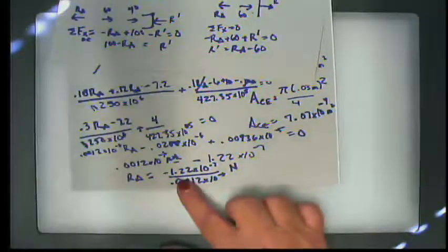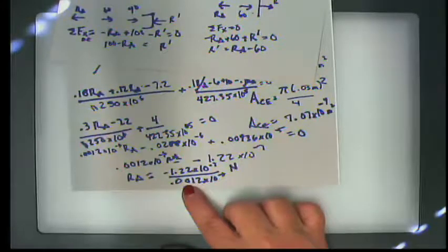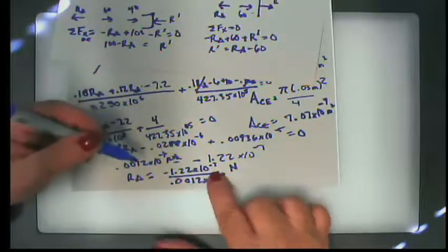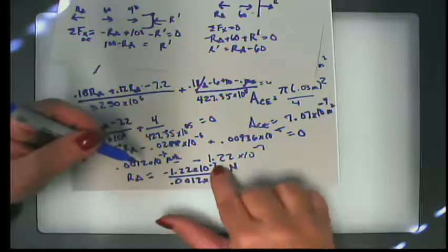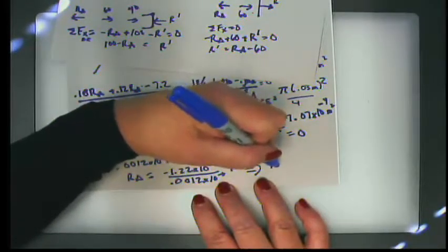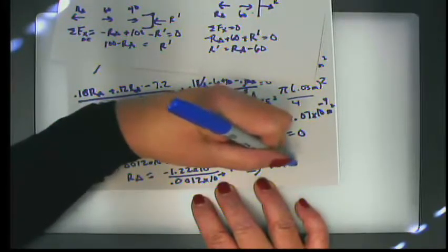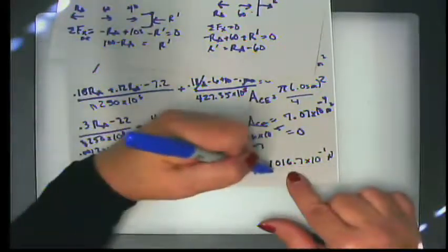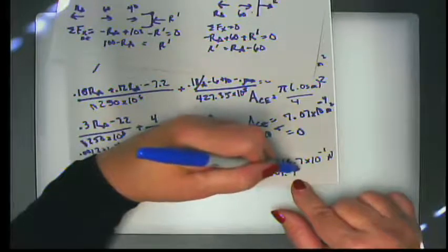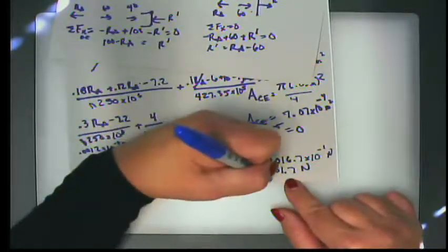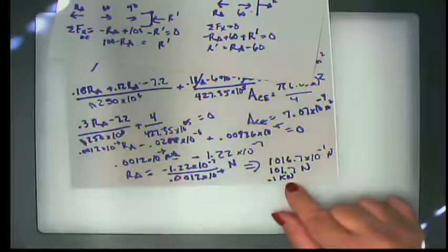Okay, so it's not that small. 1.22 divided by 0.0012 is 1,016.7, so times 10 to the minus 1 newtons, or 101.7 newtons, or 0.1 kilonewton. Okay.